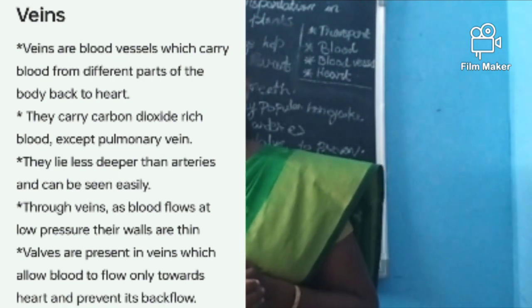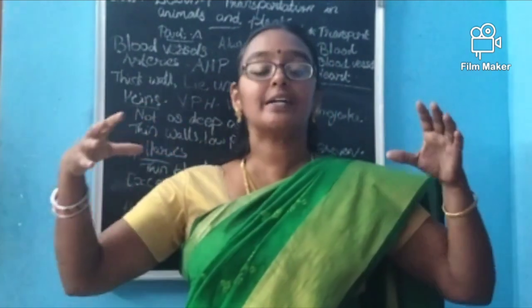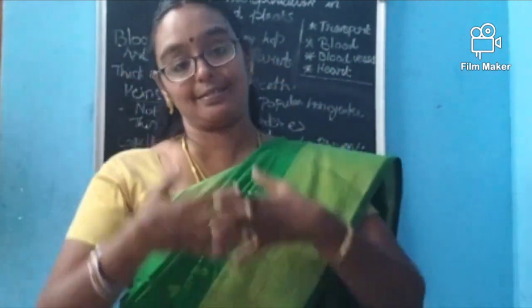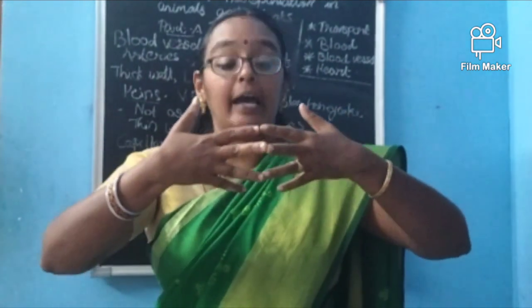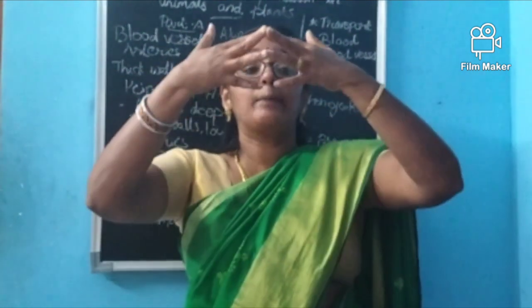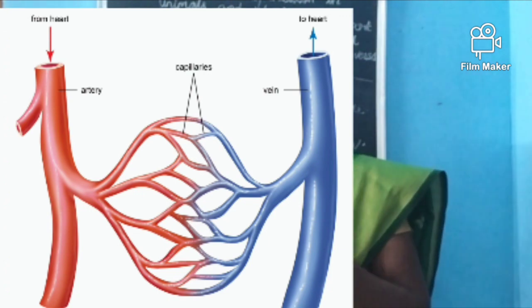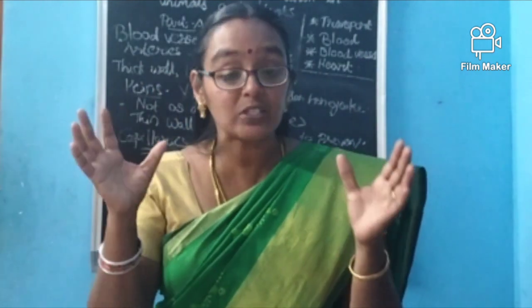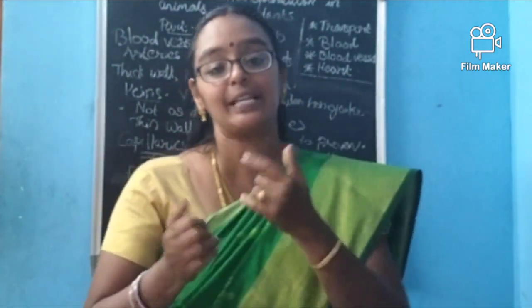Then we are speaking about the capillaries. Capillaries are the ones which connect the arteries to the veins. The blood from the arteries will be connected and it will move into the veins with the help of these capillaries. They have thin walls and a higher surface area, so that the exchange of material happens.